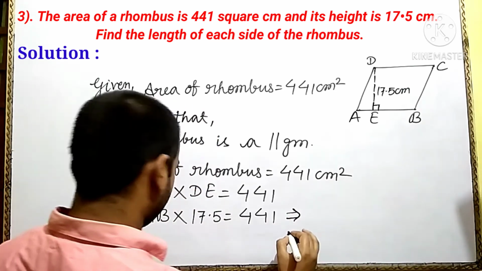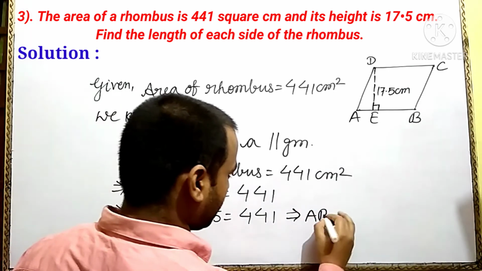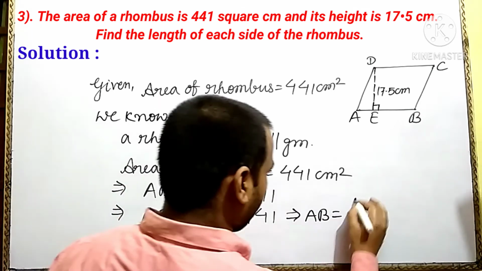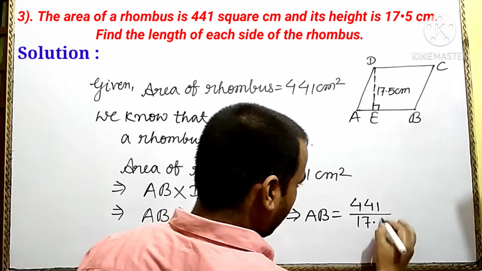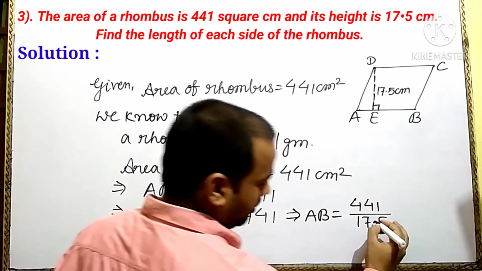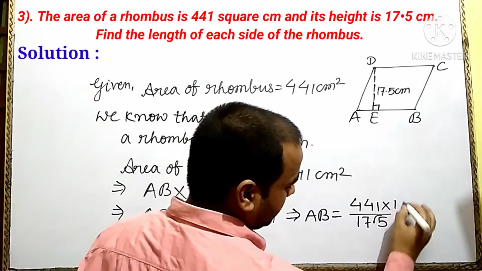Therefore AB is equal to 441 upon 17.5. We remove the decimals and write 10 in the numerator.